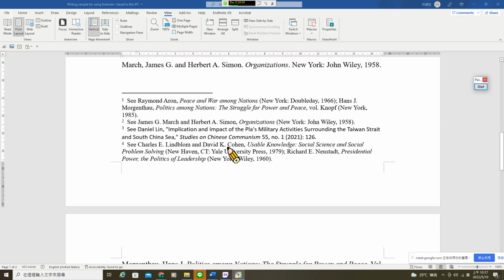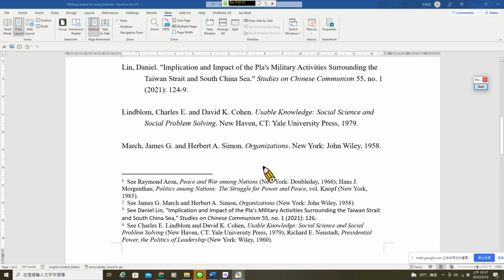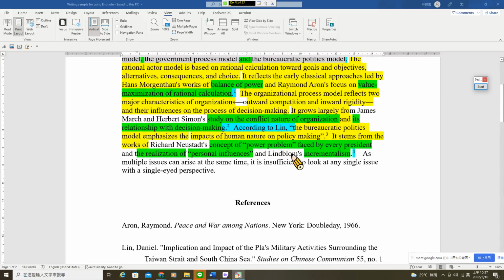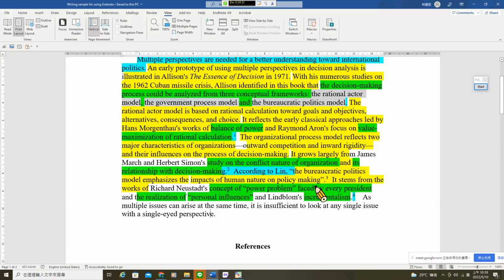So see Charles Lindblom and others here, right? So this is the way it is. Very interesting, and you just cite and take a note. So basically, this is the conclusion for my arguments.